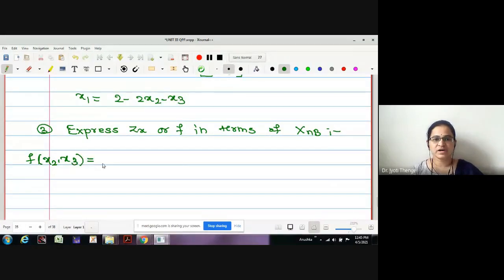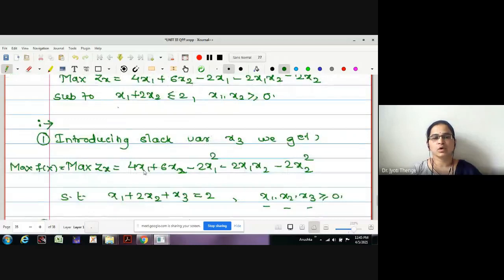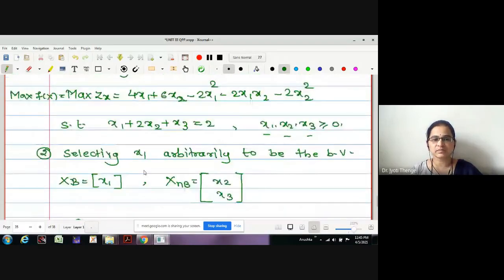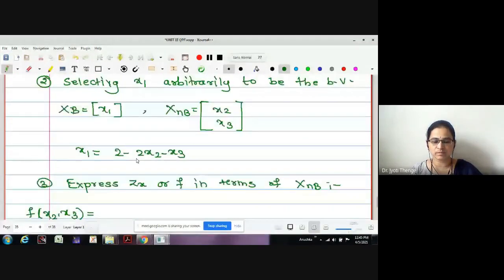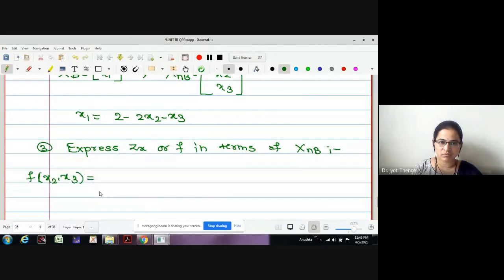Okay. First term 4x1. What we will do? We will replace this x1 by 2 minus 2x2 minus x3. So this is 4 times 2 minus 2x2 minus x3. Next term is 6x2 as it is because x2 is the non-basic variable.